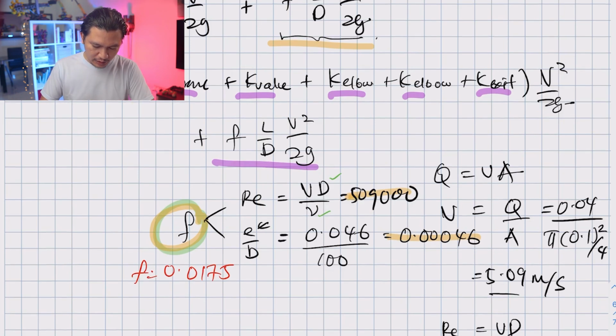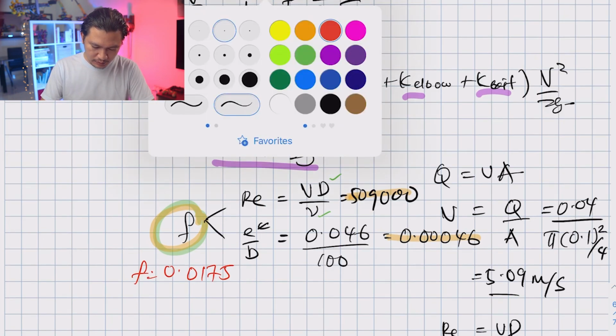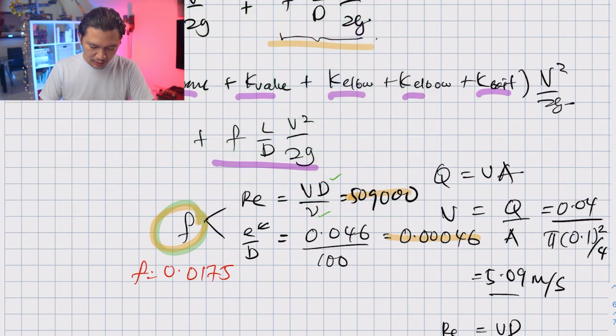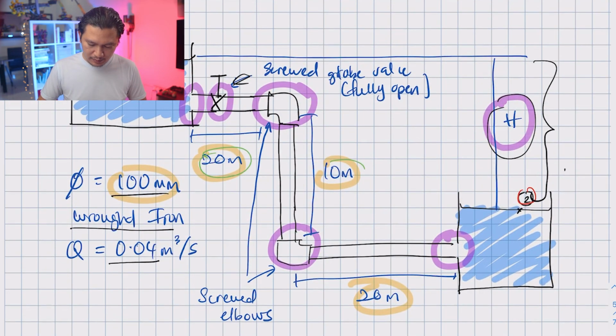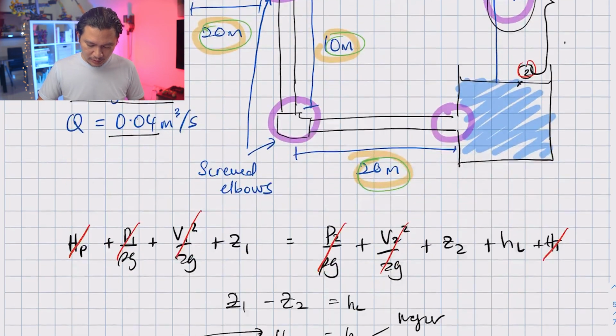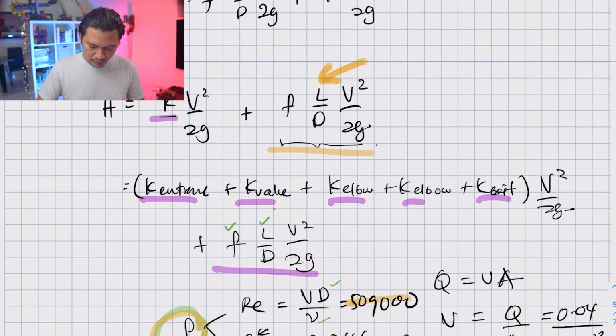So now I think we have everything to complete this equation. We have f, we have L. Length is now 20 plus 10 plus 20, because we only need to find f once, because everything is 100 millimeter. So length is going to be 50.